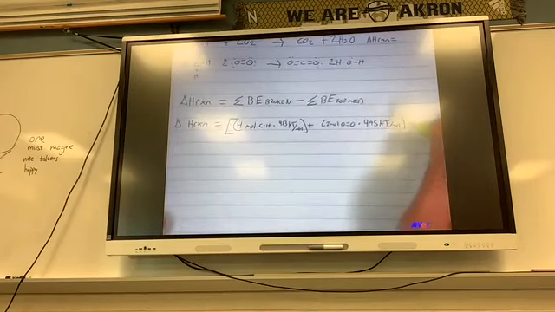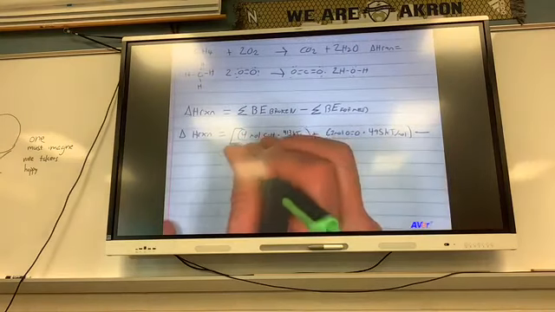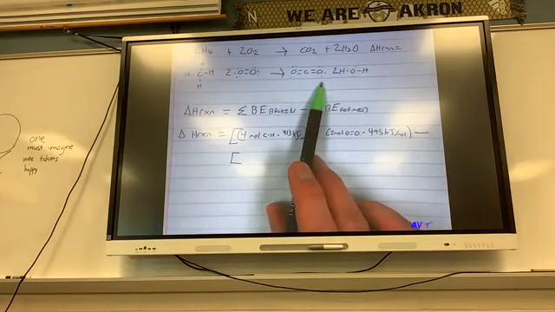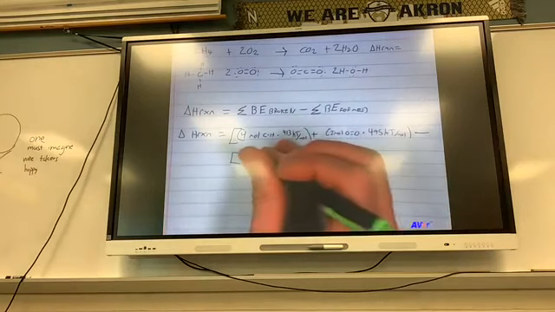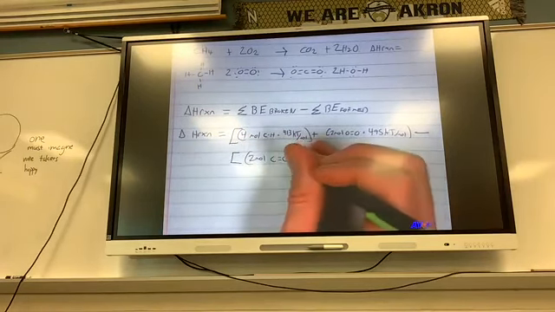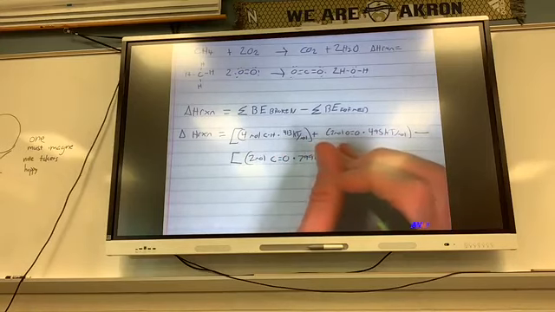I'll show on the screen. Minus bonds formed. So for new bonds on this side, I have 2 C double bonded O's formed. So I have 2 moles of C double bonded O times, that's on that page, 799 kilojoules per mole.